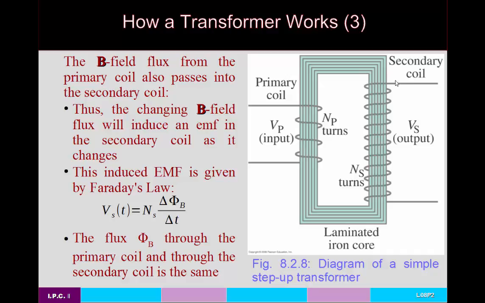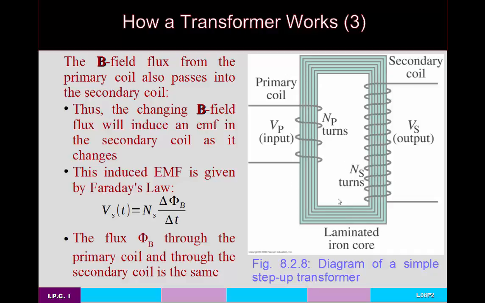And so that induces an EMF, which we represent by the secondary coil voltage, which is given by the number of turns times the change in flux per unit time. So the flux through the primary coil and through the secondary coil ends up being basically the same here. In fact, oftentimes this looks more or less like a toroidal geometry.